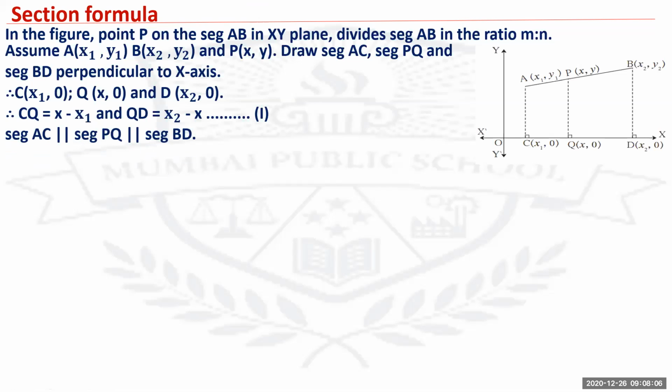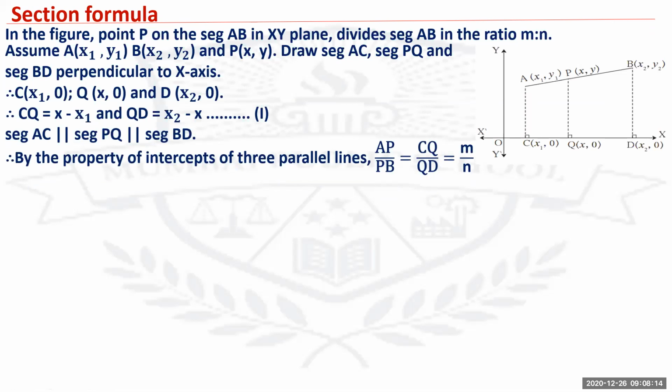Segment AC is parallel to segment PQ, parallel to segment BD. This is by the construction we had done. So by the properties of the intercepts of three parallel lines, you'll get AP upon PB equals CQ upon QD. And here you are taking that ratio as m upon n. So that is equal to m upon n.